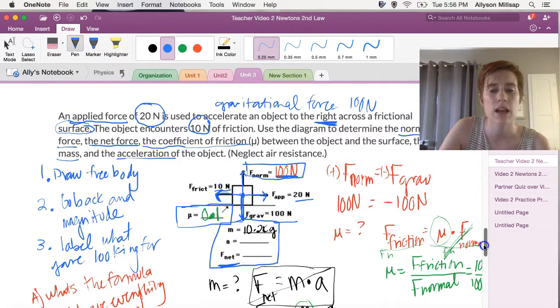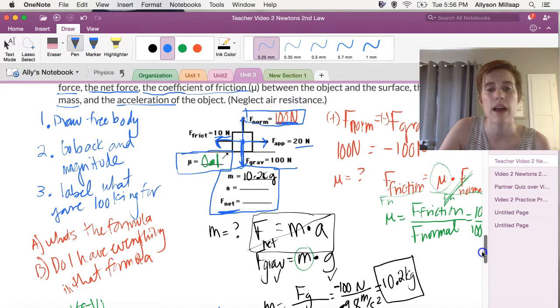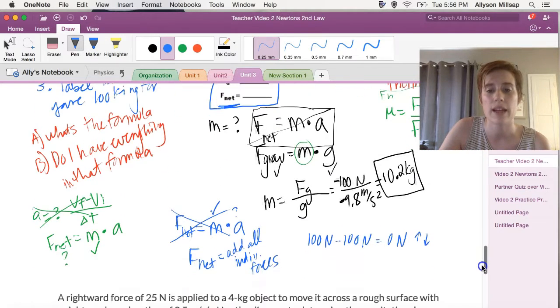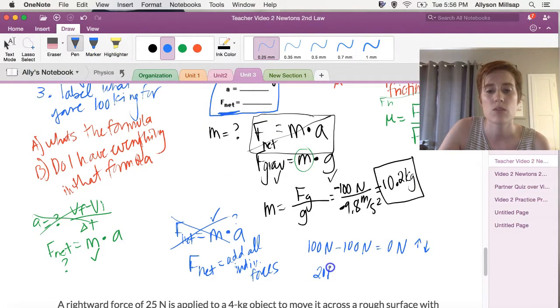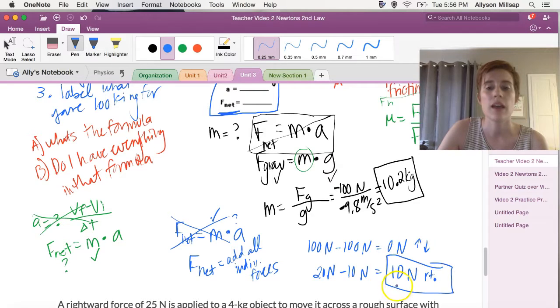Let's look from side to side. Well, there's 10 newtons to the left and there's 20 newtons to the right. So 20 newtons to the right minus 10 newtons to the left gives me 10 newtons in the rightward direction. That is my net force. Yay, so I have net force. That's awesome. It's 10 newtons.